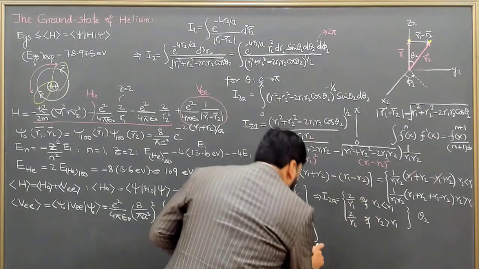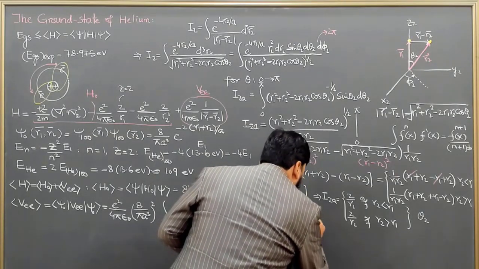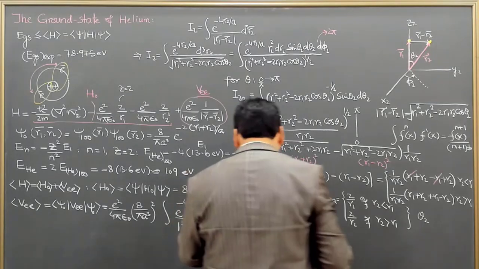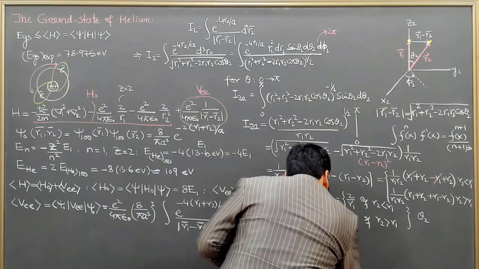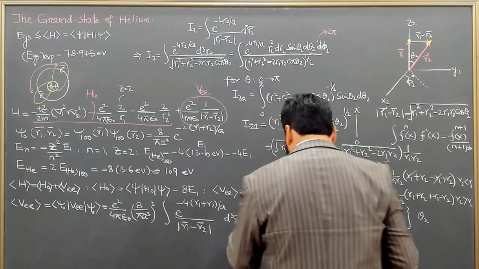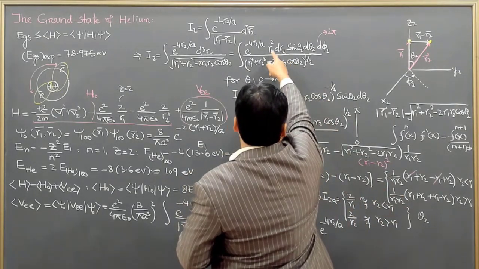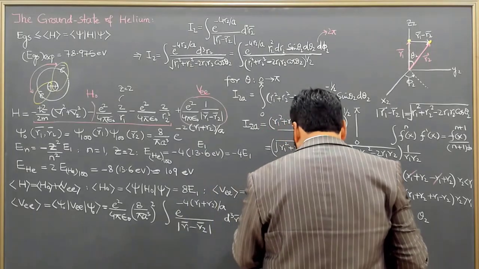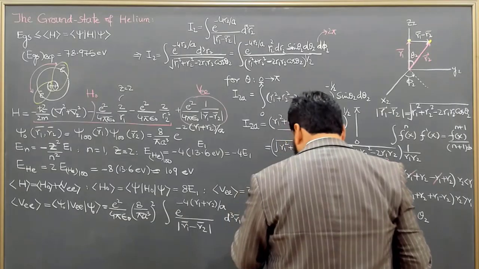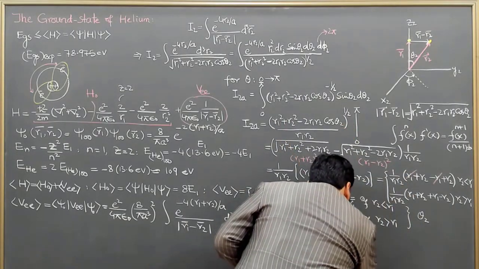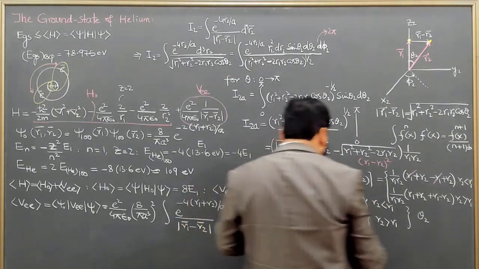So here from 0 to R1, e to the power minus 4 R2 over a, and here it is R2 square, so R2 square divided by R1, R2 square, and then 1 over R1 from here.